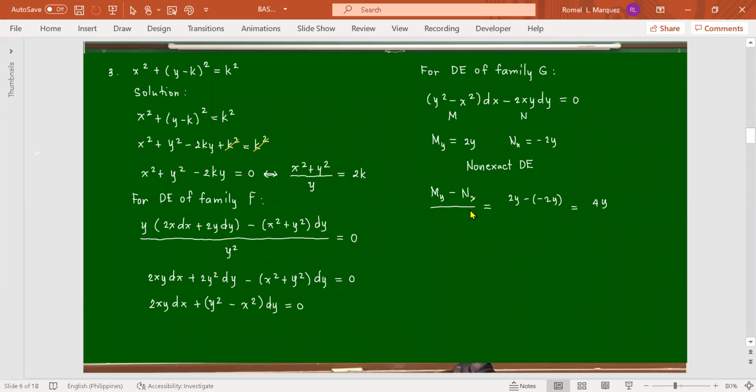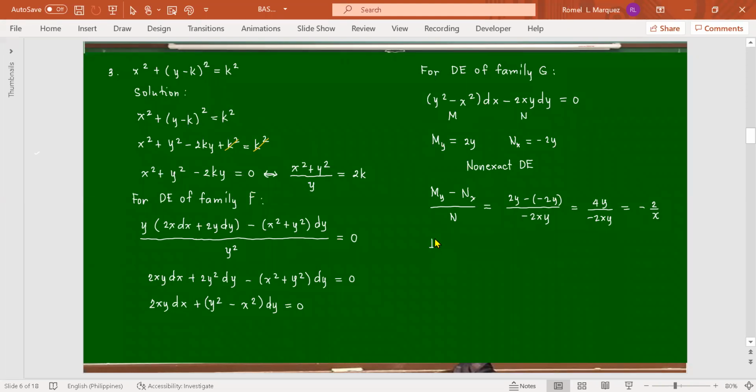And then our divisor here is N, and that is negative 2xy. So dividing by negative 2xy, we get negative 2 over x. So it means there is an integrating factor that is a function of x alone.